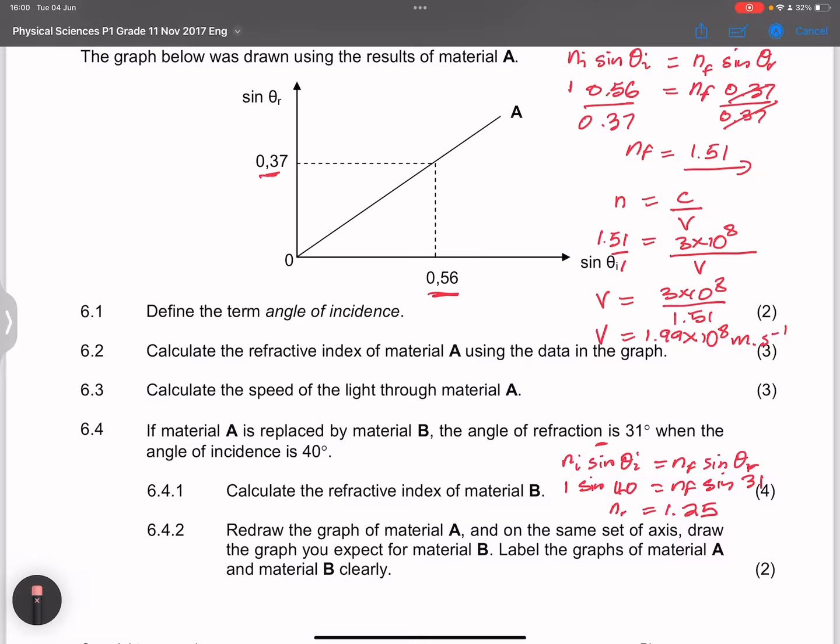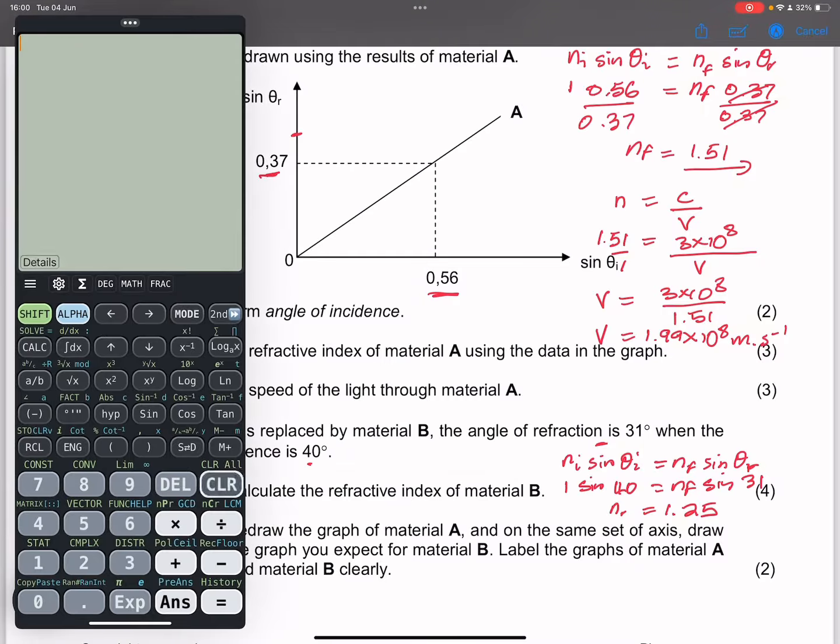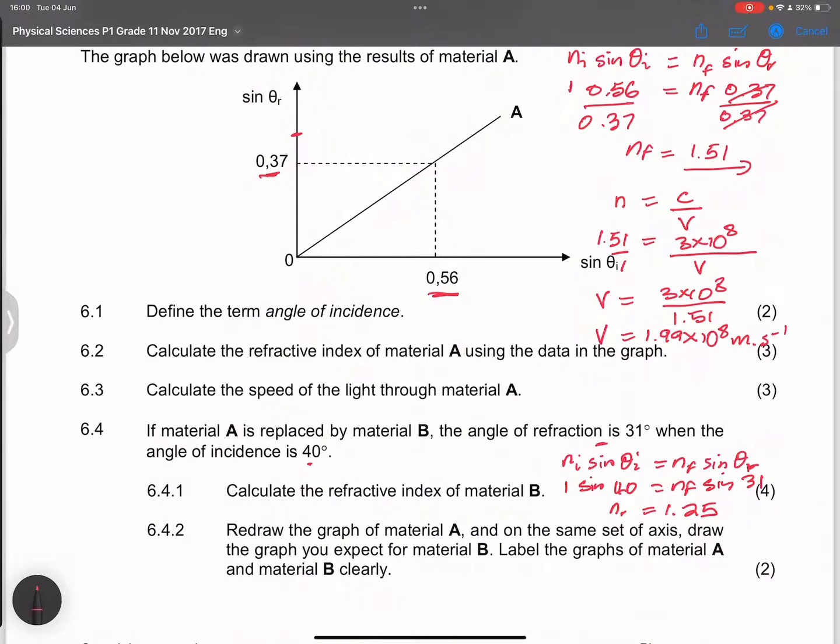So I would have 0.5 there. But what would be my incident angle? That would be 40. So what would be the sine of 40 there? Sine of 40 would be 0.64. So in this case, you'd have 0.64, and a much higher value.